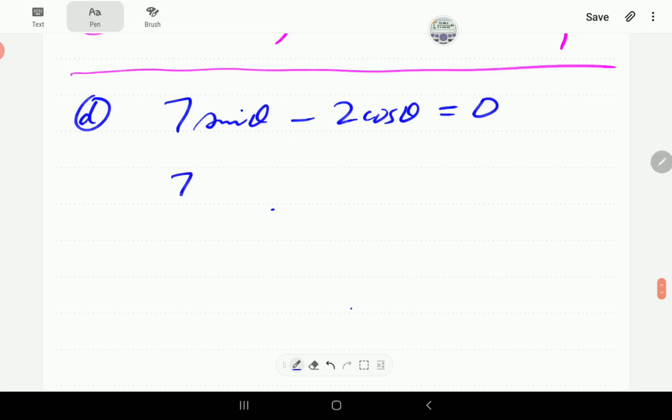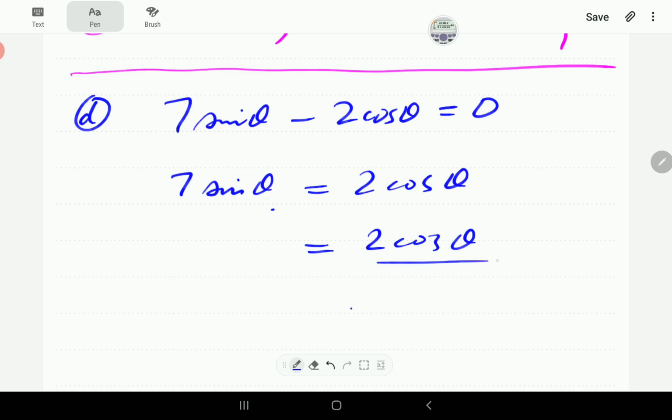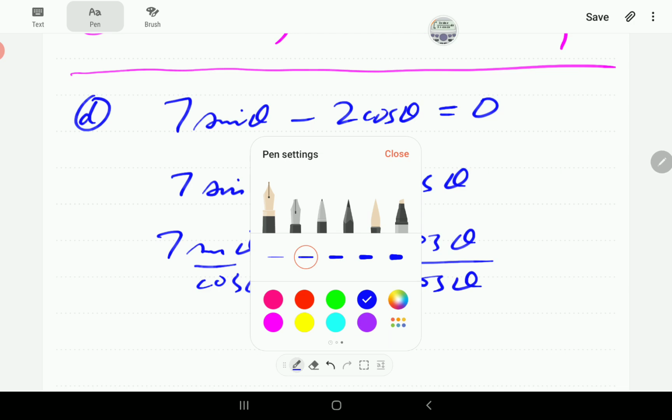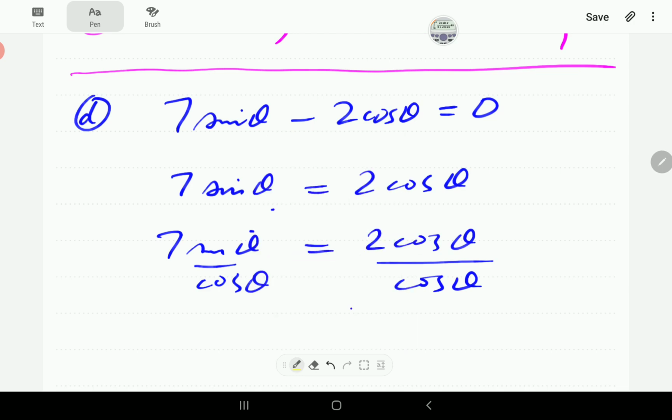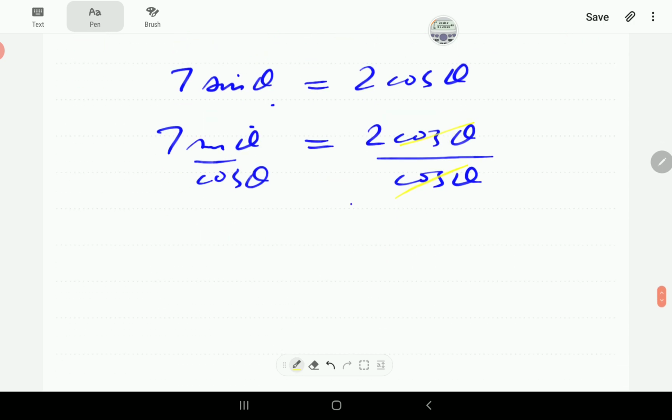So the first thing we're going to do is take the 2 cosine theta to the right hand side. Then we're going to divide both sides by cosine theta. So it's going to be 7 sine theta over cosine theta equals 2 cosine theta over cosine theta, and the cosine theta on the right hand side is going to cancel out.